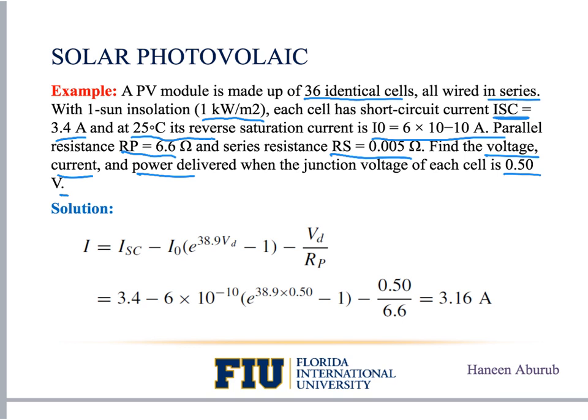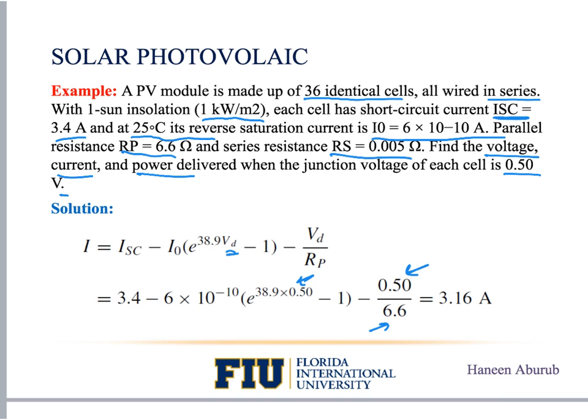Now this is from the relation that we found before, we talked about in the previous slides. VD here is 0.5, given in the question, and the RP is also given in question 6.6.